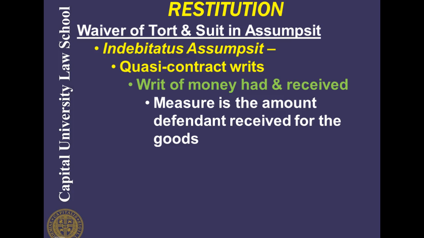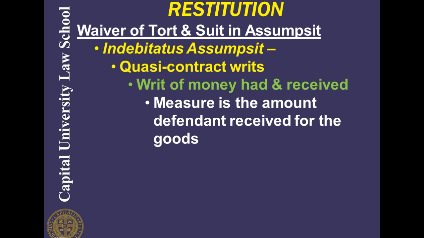And this is purely a fiction, that the defendant who converts property of another and then sells it, the fiction is created as if the defendant were acting as an agent of the plaintiff, and the courts will find the measure of the damage there is the amount the defendant received for the goods. So when the defendant converts goods and then sells them, this writ of money had and received is going to provide the plaintiff with relief if they do not wish to sue in the tort of conversion.